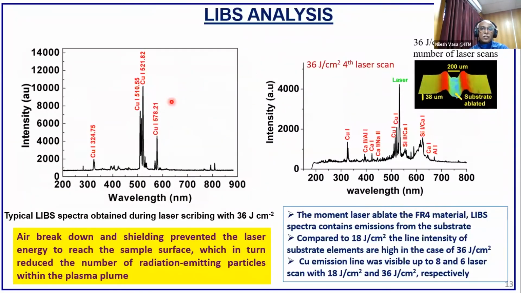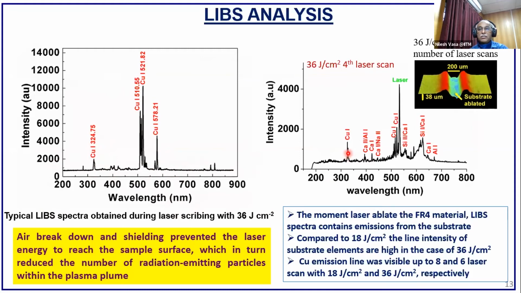Now coming back to our idea of how we can use LIBS. This is the LIBS spectra obtained on the copper thin film deposited on such a polyamide surface, and we can see that when laser ablation starts, we are able to see very distinct characteristics of copper emission lines, which were used in order to determine the depth of progression of the scribing process.